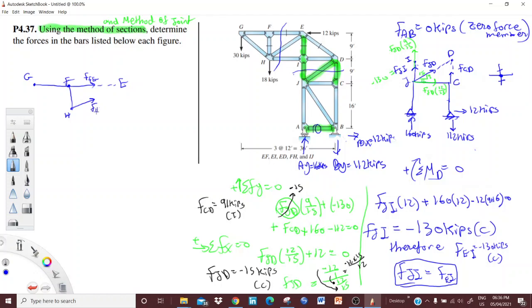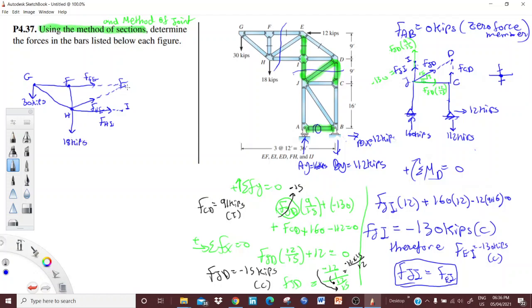So FHE. And you have here a horizontal force which is HI, going along the way I. And you have here an external load of 30 kips, and also here 18 kips.